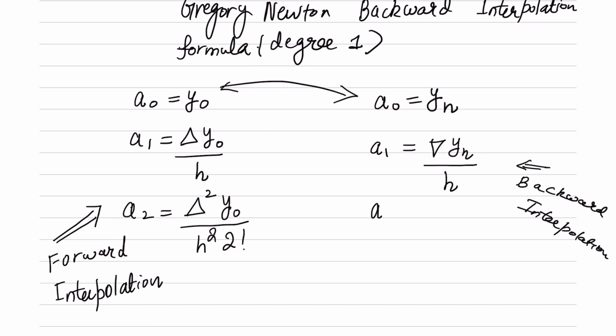In the same way, following this pattern, if we have to write a2 for the backward polynomial, we will write backward square of the last y, which is yn, divided by h square 2 factorial.